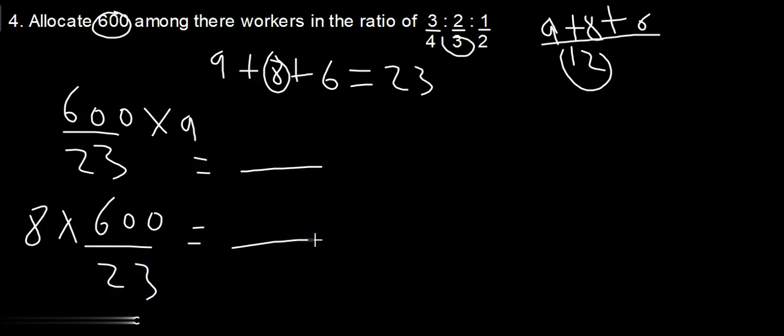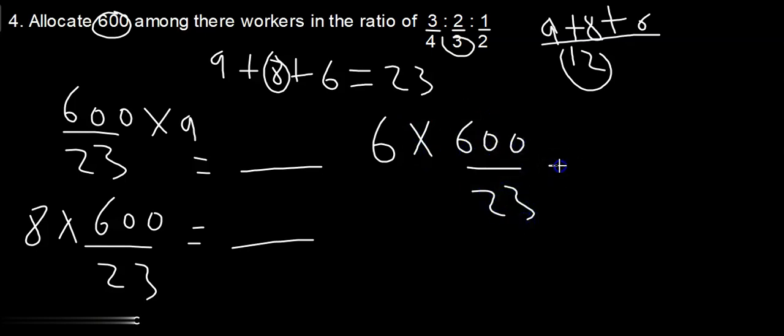And for 6, it's the same thing: I multiply 6 by 600 over 23. So your answer for the first one, when you divide 600 by 23 and multiply by 9, is 234.7.